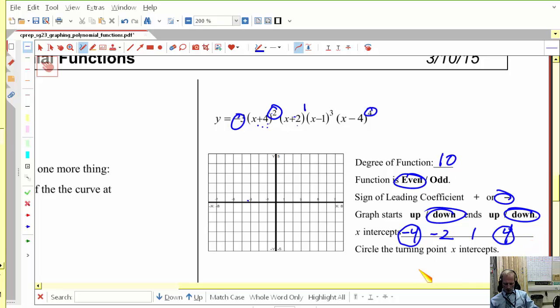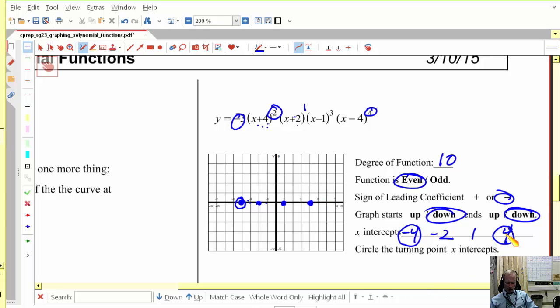Alright, so now I have my little chart filled in, and I'm ready to graph. So the first thing I do is put in the x-intercepts, and I circle the ones I circled here. So that's negative 4, negative 2, 1, and 4.